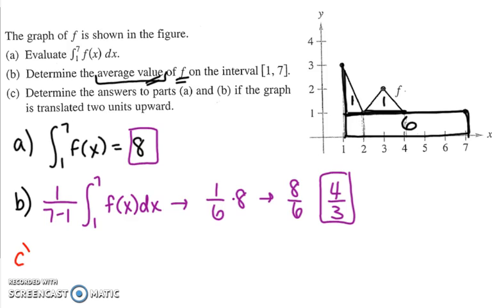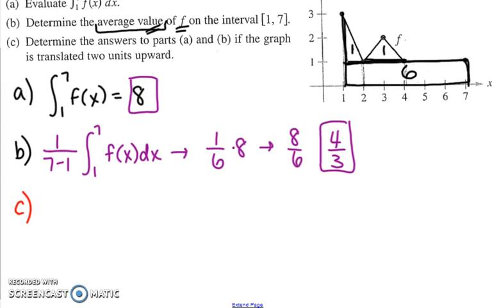Alright, so then part C says determine the answers to part A and B if the graph is translated 2 units upward. So really what we're looking for here, mathematically, is we are taking the integral from 1 to 7 of our function that's been shifted up 2 units.